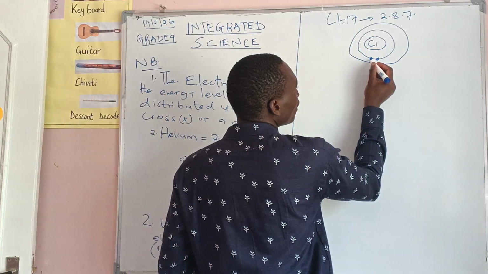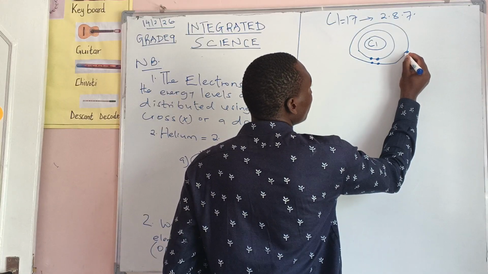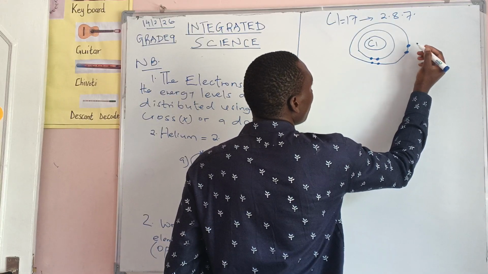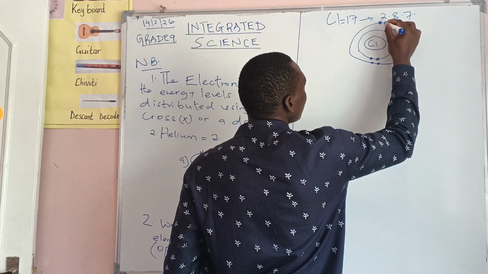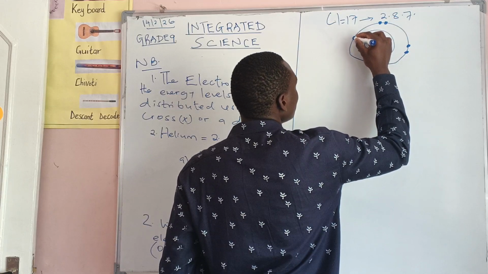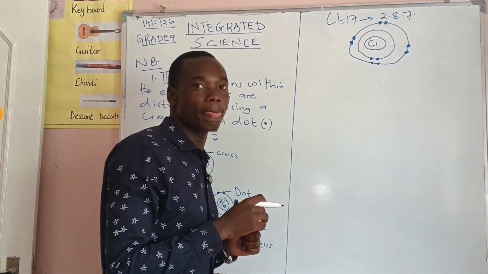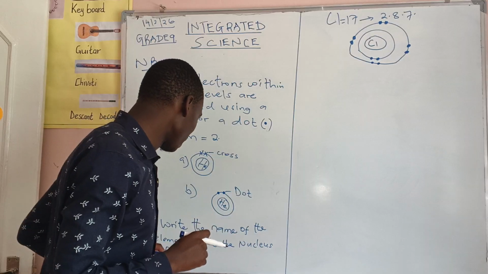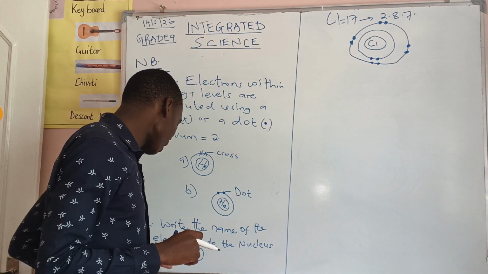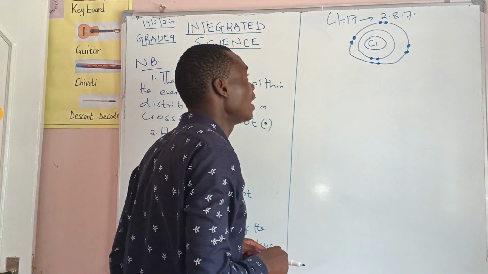The first energy level, 2. The second, 8: 1, 2, 3, 4, 5, 6, 7, 8. So we have how many electrons? 8 electrons. Very good. Write the name of the element inside the nucleus. Optional. So this is the nucleus, and you can see how I placed my chlorine.